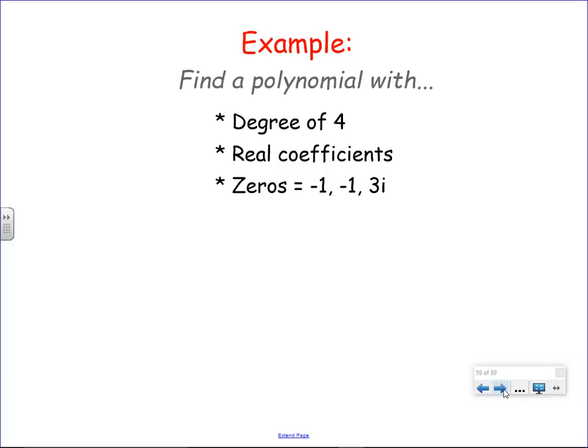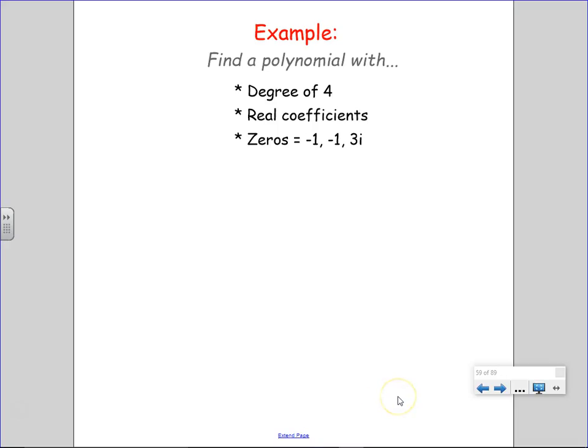What are they telling us that we can start writing down to form the polynomial that meets these conditions? They've given us hard facts: degree of 4, all the coefficients are real numbers, the zeros are -1, -1, and 3i. Why is he asking?